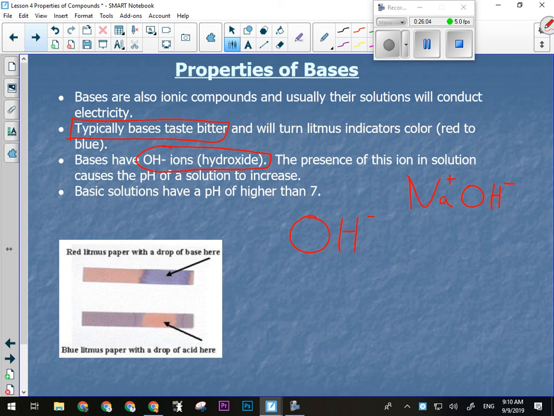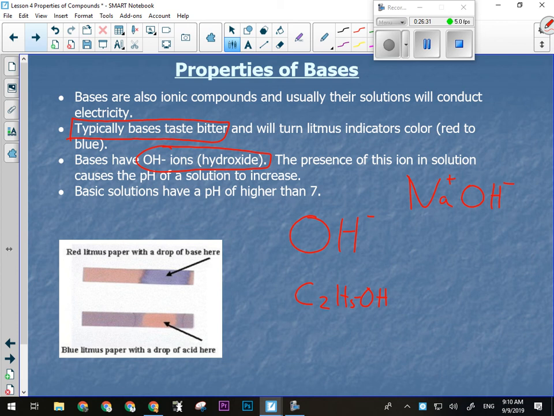Now, what if I saw this? Would that be a strong base? No. Why is that not a strong base? Well, it's got hydrogen and hydroxide in it, but what kind of compound is it? It's molecular, right? It starts with carbon. It doesn't start with a metal.